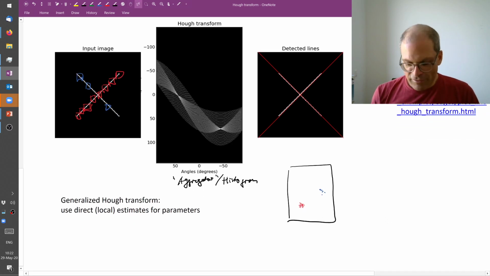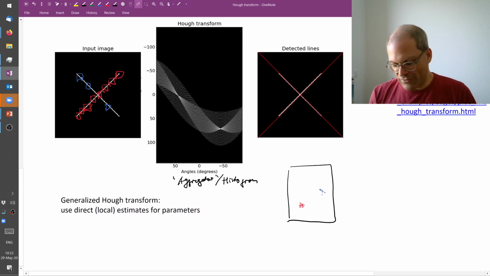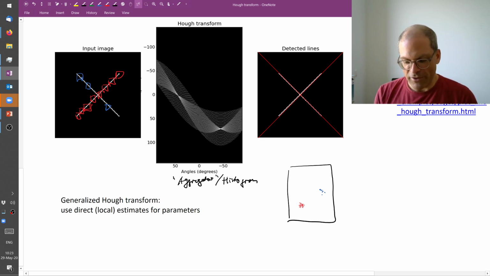And there are various definitions of what a generalized Hough-transform is. This is what I will call the generalized Hough-transform now: to directly use estimates for the parameters, which I obtain locally from my image, and to cast a single vote in such a parameter space.